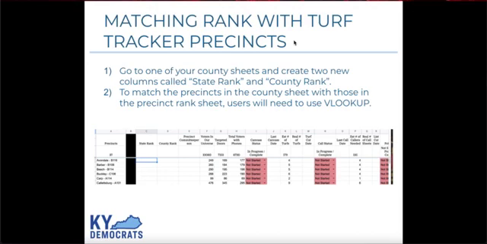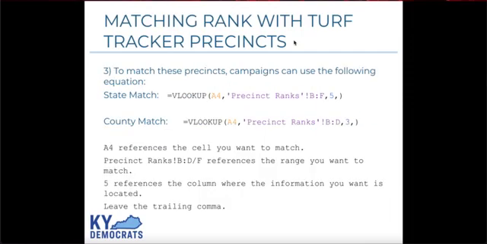To match the precincts in the county sheet with those under the precinct rank sheet, we're going to use a very simple VLOOKUP that we're going to see on the next slide. To match these precincts, campaigns can use the following equation for the state match: equals VLOOKUP, looking up A4, which is the cell that you want to match. We're going to be looking in precinct ranks B through F, which references the range you want to search for the match.